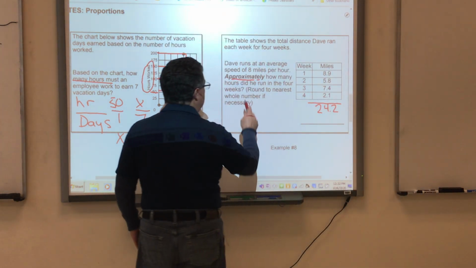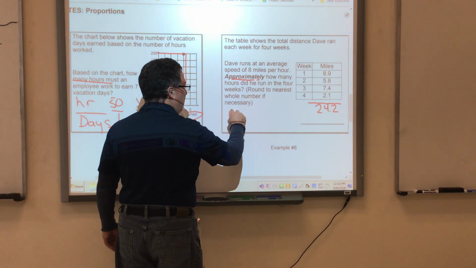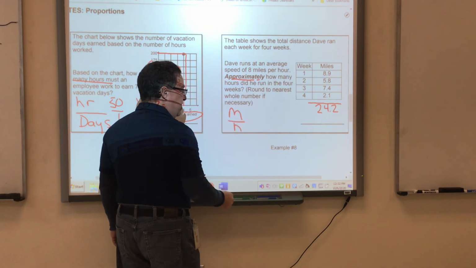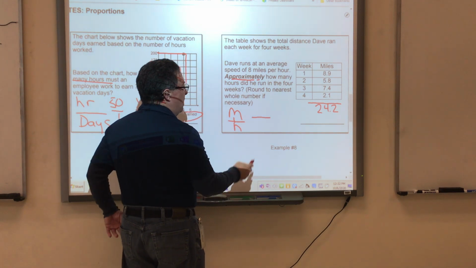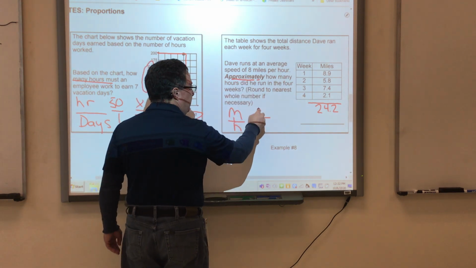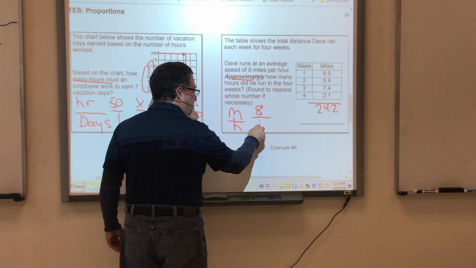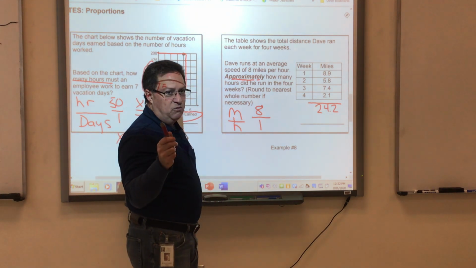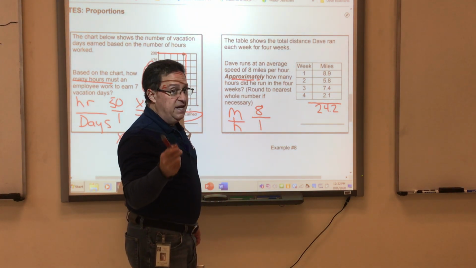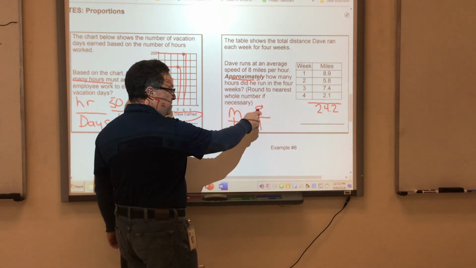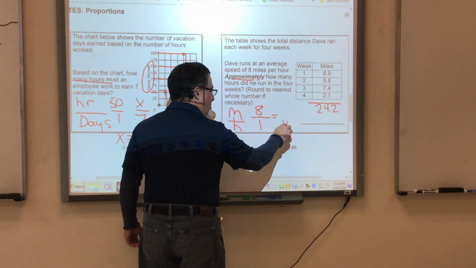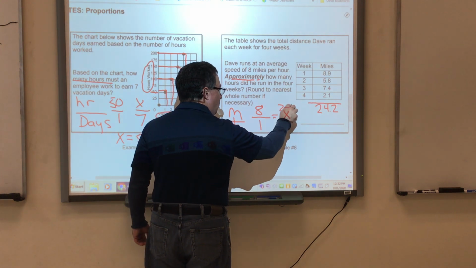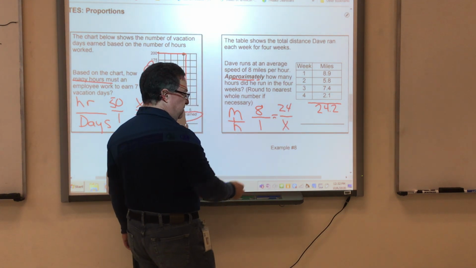The first thing I'm going to do is miles per hour, just like always, step 1. Then I write what I know. I know that his speed is 8 miles per hour. Remember the word per means 1. So there's my unit rate. I want to know how many hours to go 24 miles.